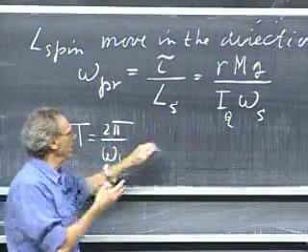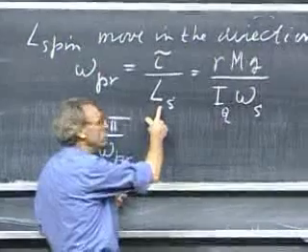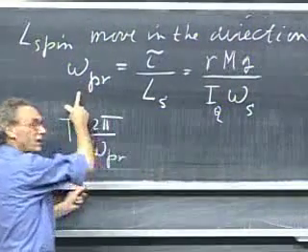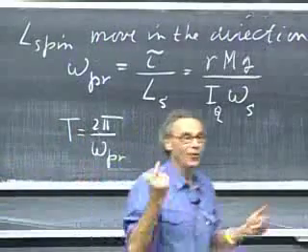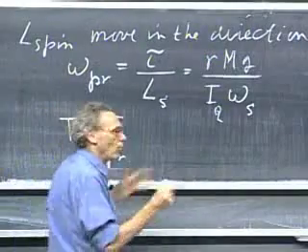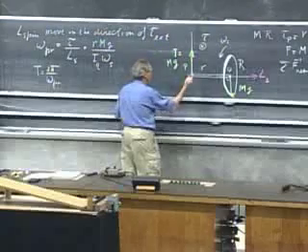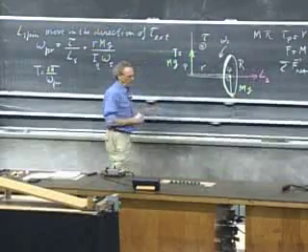And you can see that immediately, because suppose you made the spin angular momentum 0, so that it is not spinning at all. Do you really think that the precession frequency will be infinitely high? Of course not. So this only holds in situations where the spin angular momentum is way, way larger than the angular momentum that you get due to the precession.